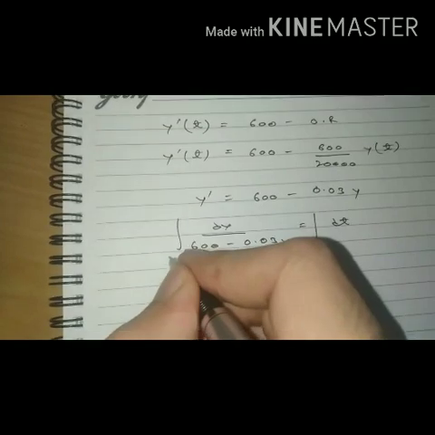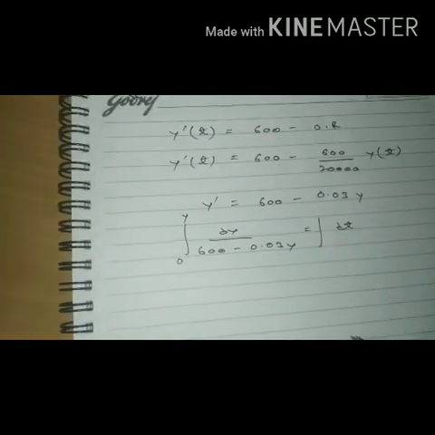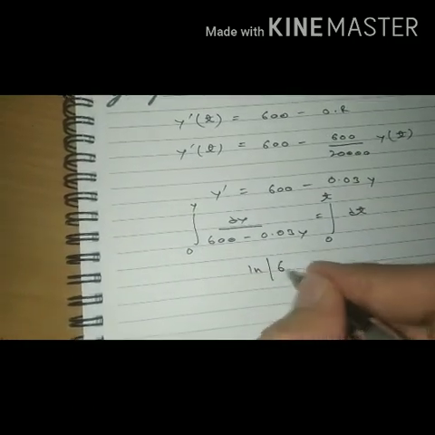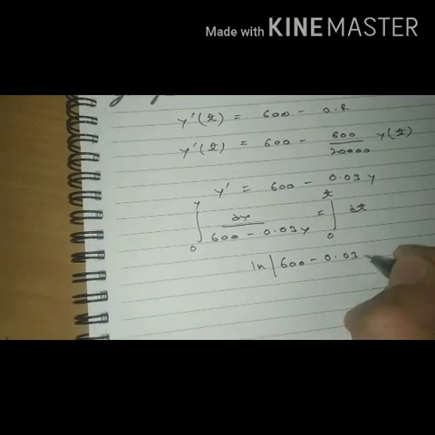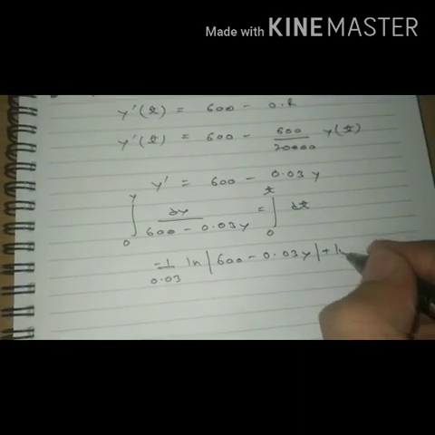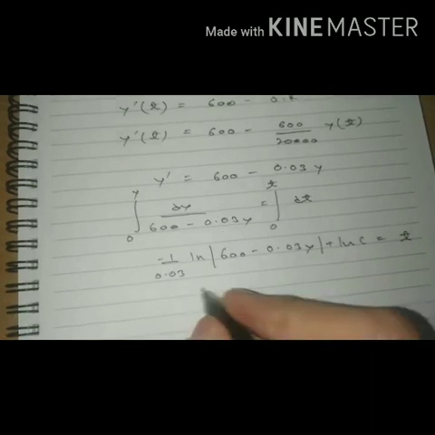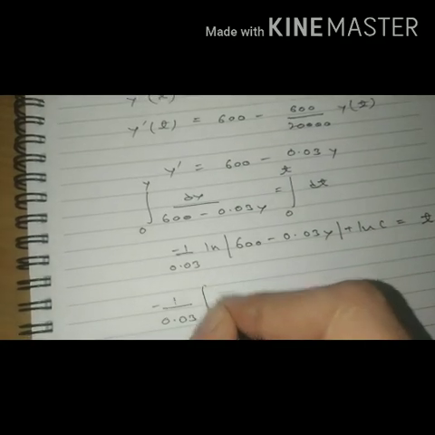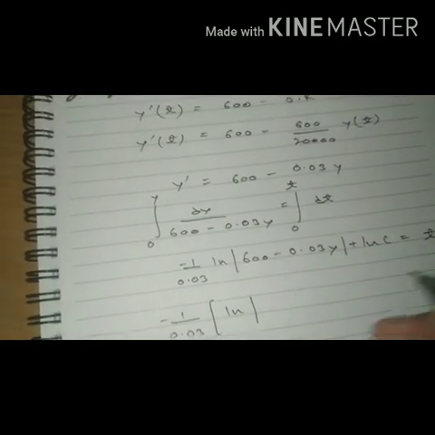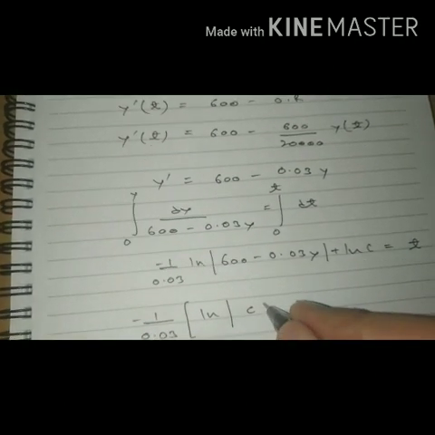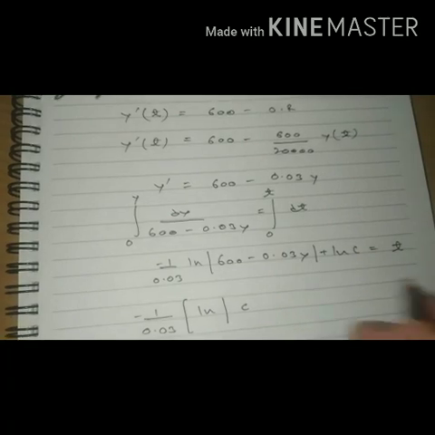Integrating both sides, from 0 to y and 0 to t, it will be ln(600 minus 0.03 y) divided by minus 0.03, plus ln c, equals t. Taking 0.03 common, and as it is a constant, it doesn't matter if it is there or not, we will take the common factor out of that also.